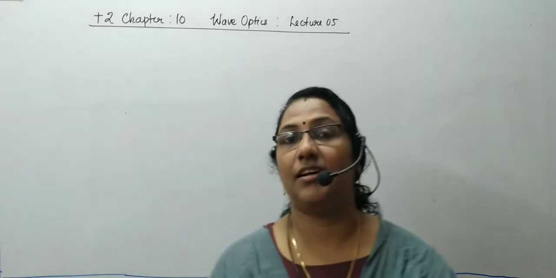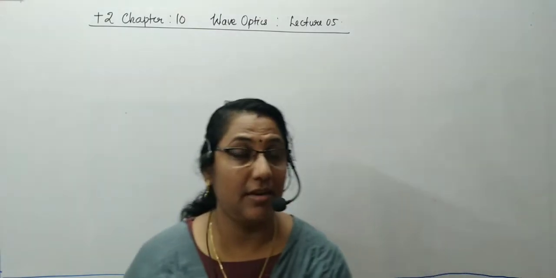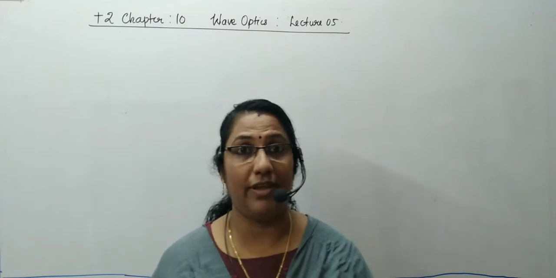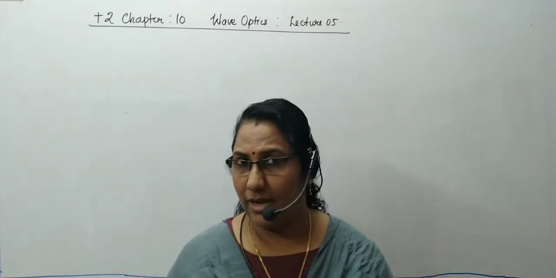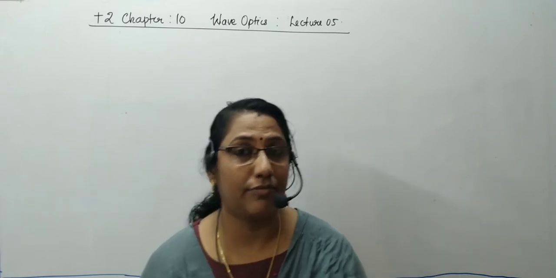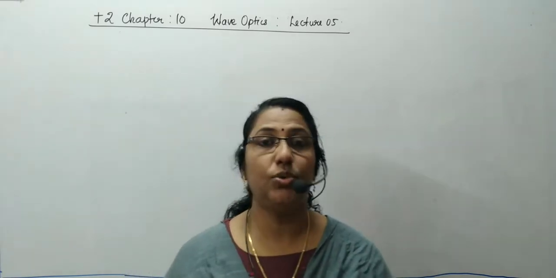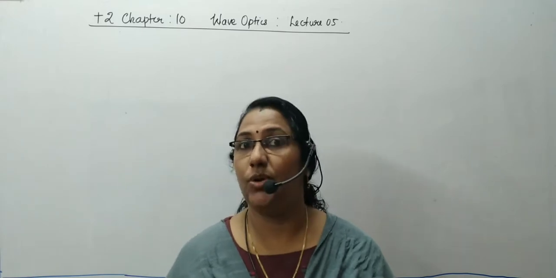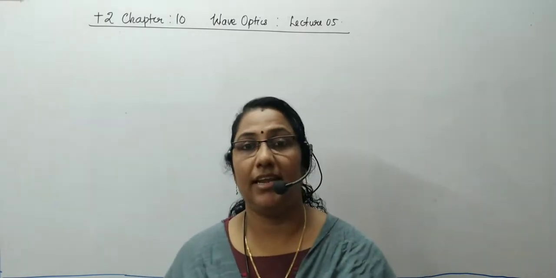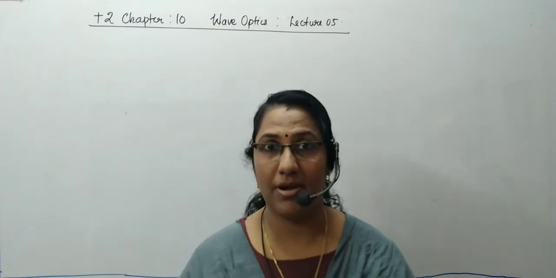In the last class we discussed the Young's double slit experiment in detail. There we discussed the position of the nth bright band, y equal to n lambda D by d, the position of the nth dark band from the center O of the screen, (n minus 1/2) lambda D by d. Then the width of each bright and each dark band is obtained as half lambda D by d.